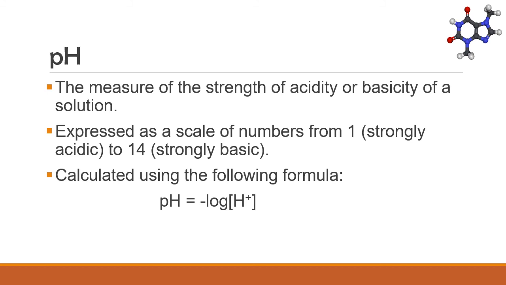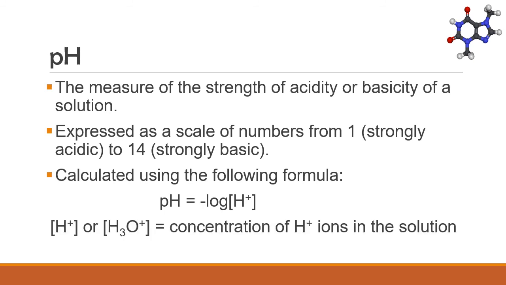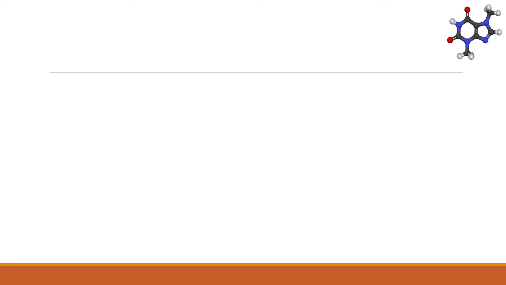We use a formula to calculate pH. It is the negative log of hydrogen ion concentration. Note that the brackets around the ion indicate concentration, or the amount of that substance in a given volume of solution.